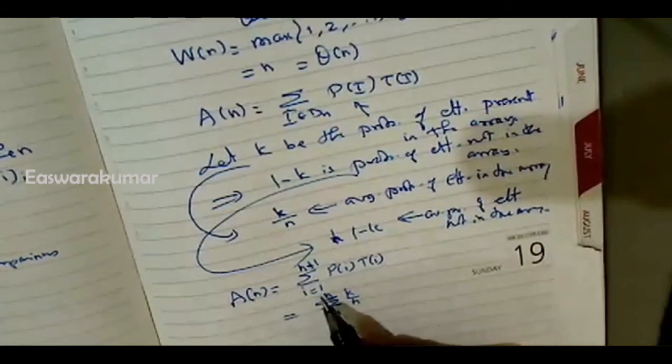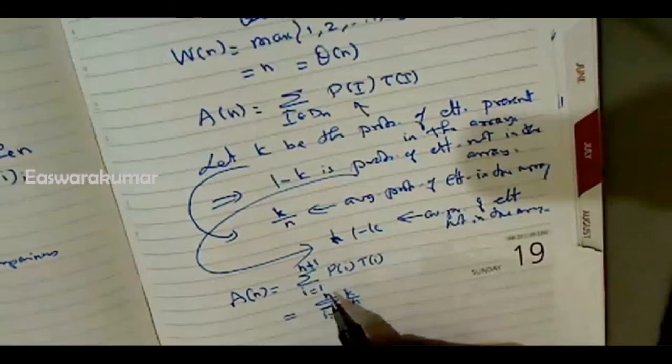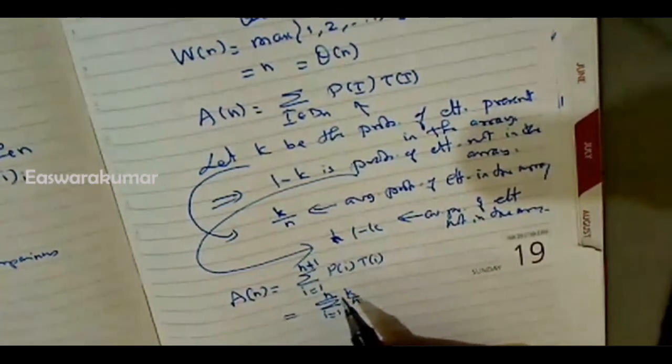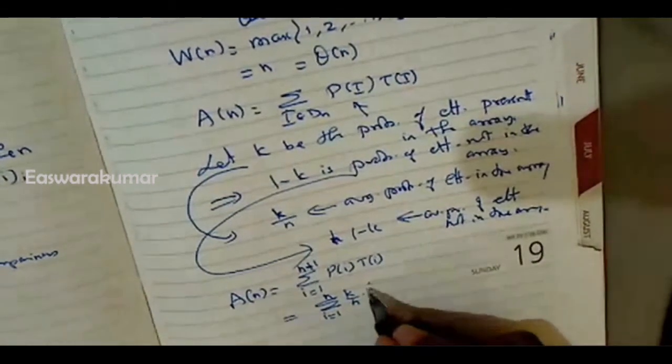If the instance is equal to 1, how many comparisons? 1 comparison. If I is equal to 2, that means 2 comparisons. So the instance depends on the position where the element is. Depending on where the element is, that many comparisons we need to do. Therefore, T of I, the time taken, is I comparisons.